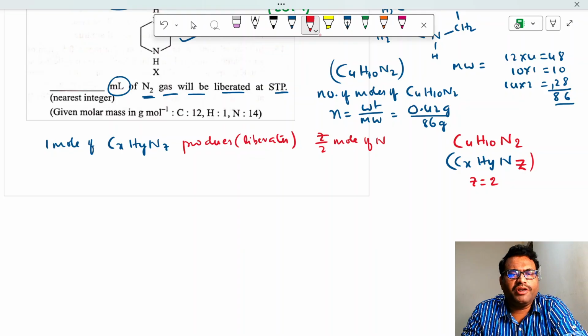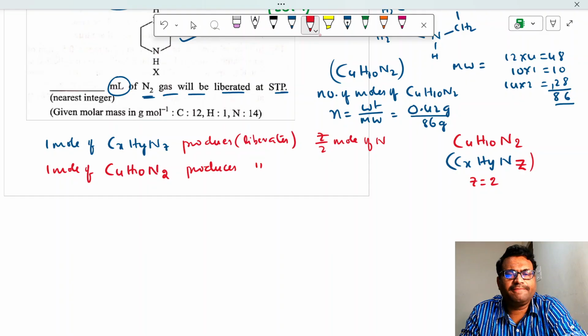So now I can write that 1 mole of C4H10N2 produces or liberates, what is Z?